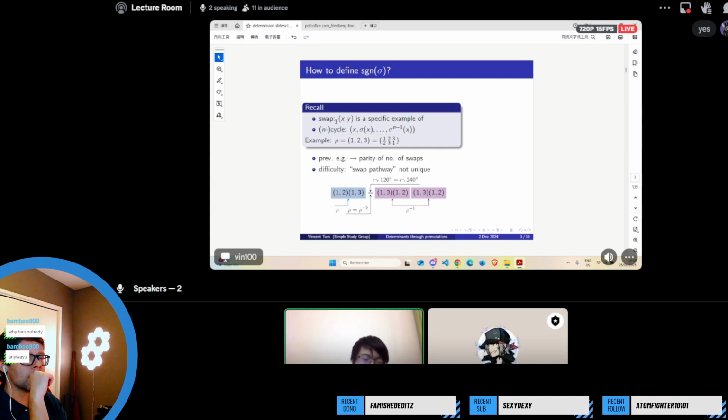A swap is actually a 2 cycle. For example, if you see 1, 2, 3 here, that means to map 1 to 2, and then 2 to 3, and 3 to 1. So actually, this is a clockwise rotation of a 1/3 cycle.